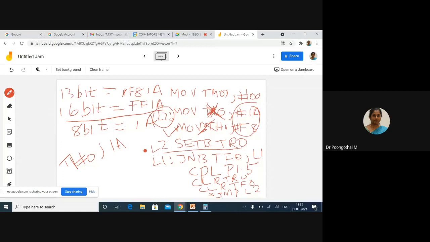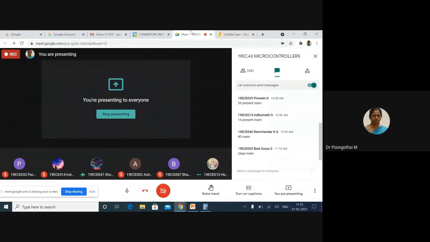The remaining logic will be the same. For 8-bit auto reload, load your 8-bit value into the higher order register. Don't initialize your lower order register. The only difference is that, on the user side, we need not reload the values again. Is that clear? Yes, ma'am.